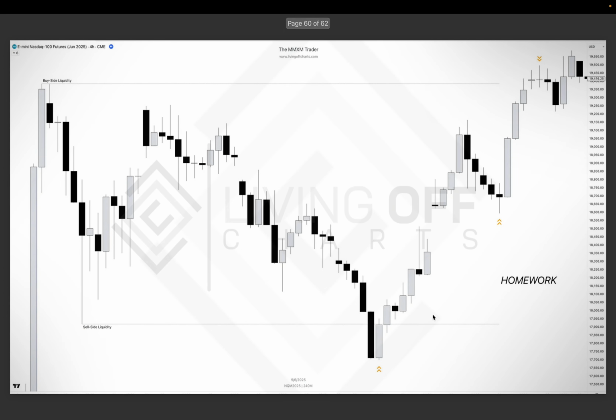I want you guys to study that. This is homework. You're going to be looking at this move here, then the retracement here, and the longs again here to the buy side liquidity. And can you see the BLITZ model here? Just one of those formations for the BLITZ model. Can you find a 4-hour distribution candle? And do any of those three formations form within that 4-hour candle?